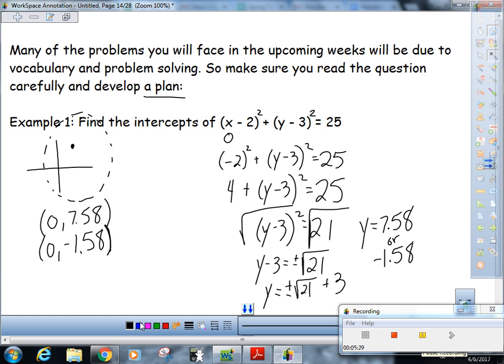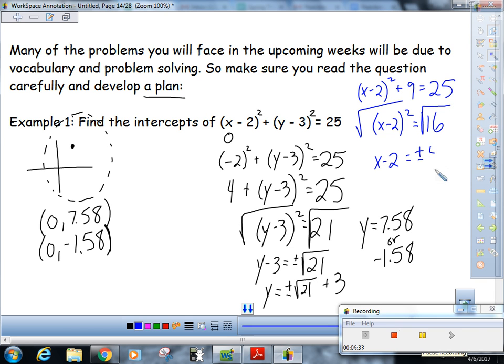Okay. So now we're going to put in 0 for y, and you get x minus 2 squared. And I'm just going to speed this up now. Plus 9 equals 25. Do you see how I did that? By putting 0 in for y? So you get x minus 2 squared equals 16. Oh, nice. Right? So square root both sides, and you get x minus 2 is plus or minus 4.